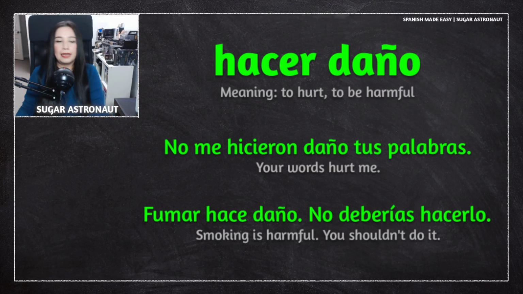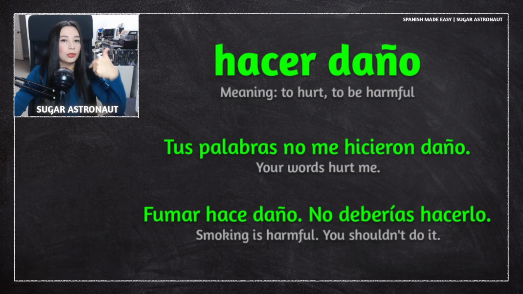Spanish is very flexible when it comes to putting things at the beginning or at the end, but you need to know the structure and you need to know how it works to be able to do that. No me hicieron daño tus palabras. Okay, or tus palabras no me hicieron daño.